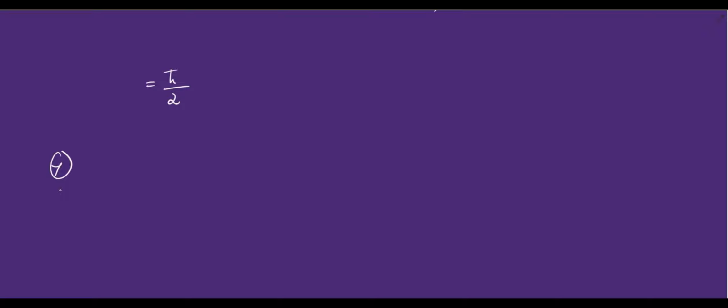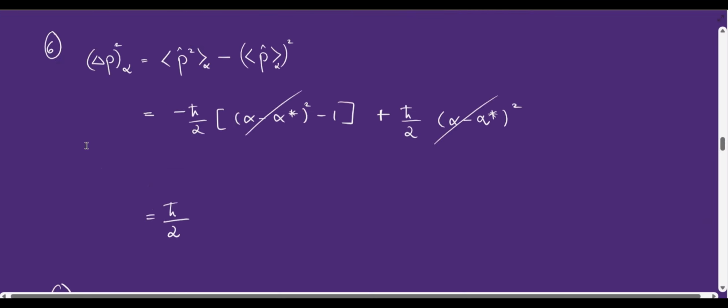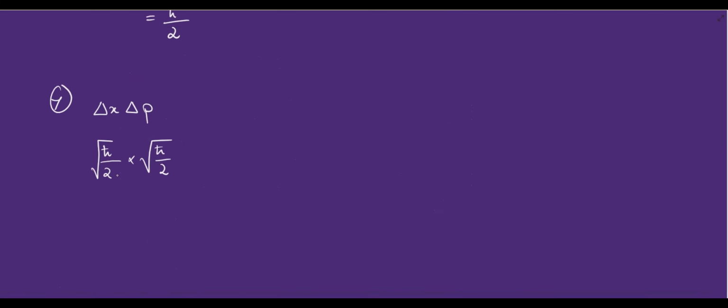Now, if you want to calculate the product delta x into delta p, we will see that it is equal to root of h bar by 2 into root of h bar by 2, because the square here was equal to h bar by 2, so this is root of that. Let's put an alpha over here.